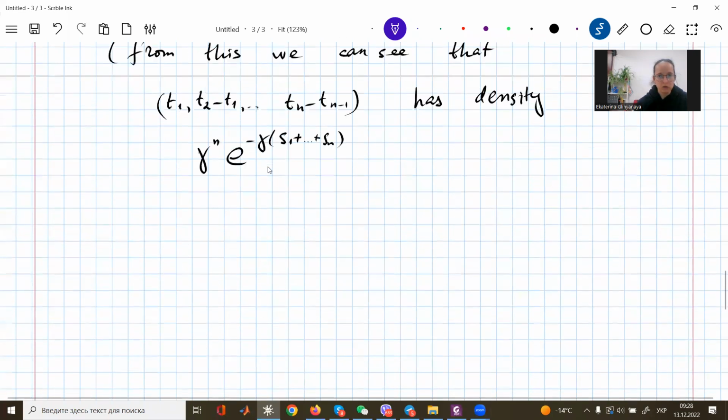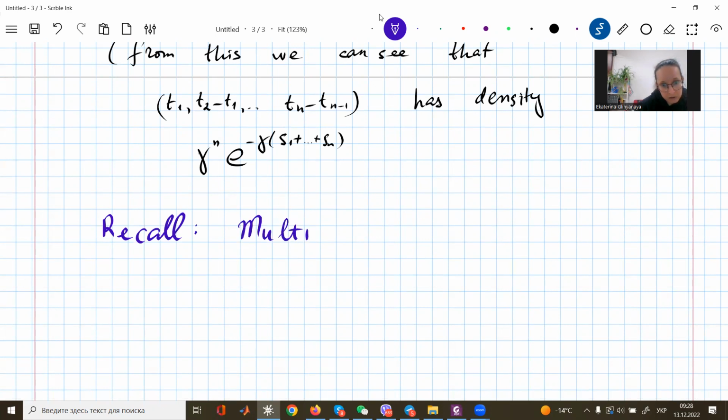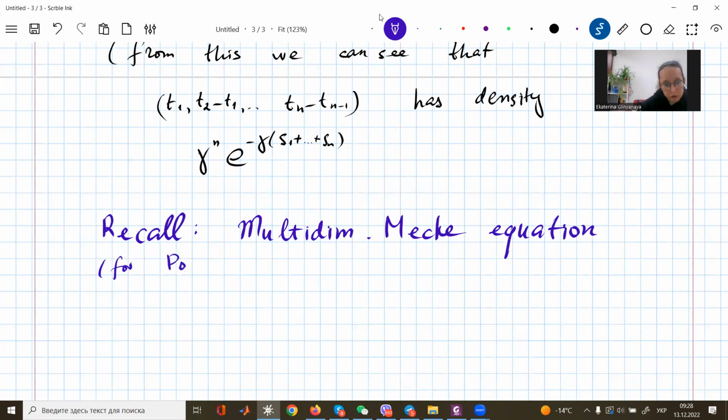So we will use the multidimensional Mecke equation. So let me recall the multidimensional Mecke equation that we learned, and this was exactly for Poisson point process.